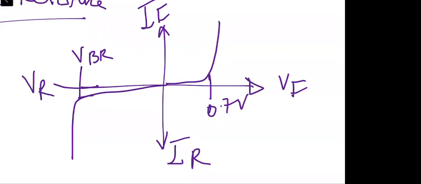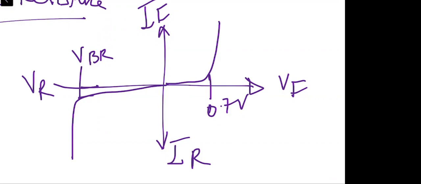Because the behavior of the diode is changing every time, to deal with the diode we need to model the diode in such a way that we can use the diode in electronic circuits, right?